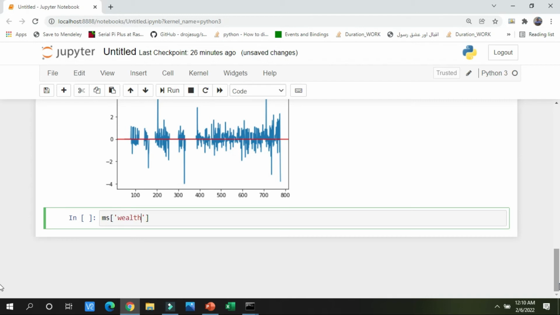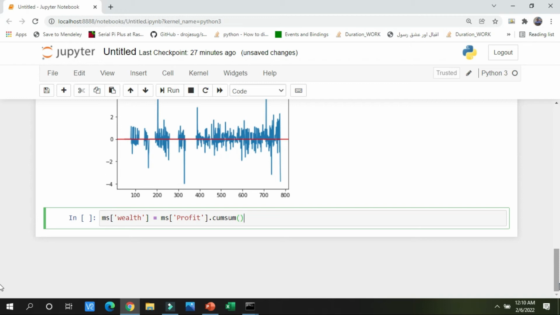Okay, so when I write this complete code, you will get the proper idea why this column is called the cumulative wealth column. Okay, I am writing profit, and I am just simply taking a cumulative sum of all the values in the profit column, and in Python we have a very short function for cumulative sum.